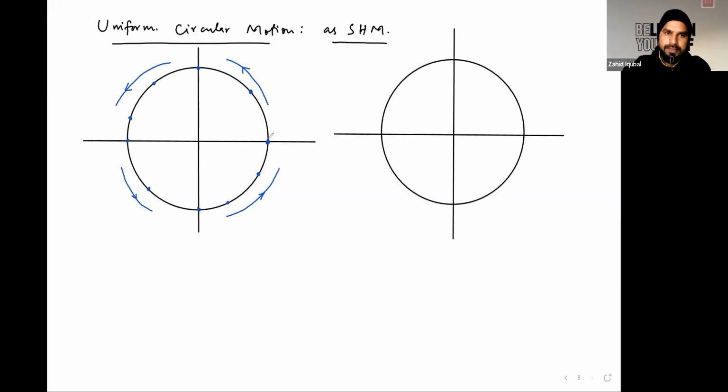So if you drop the projection of this particular particle, or shadow of this particle, along the x-axis, let's say this projection will be at this point. If you follow this particular path, it will be at the origin, this point, this point.